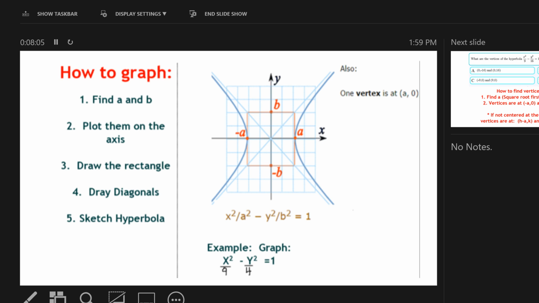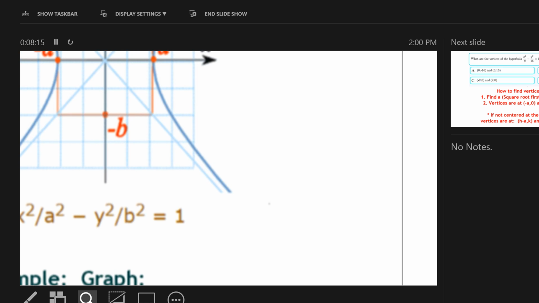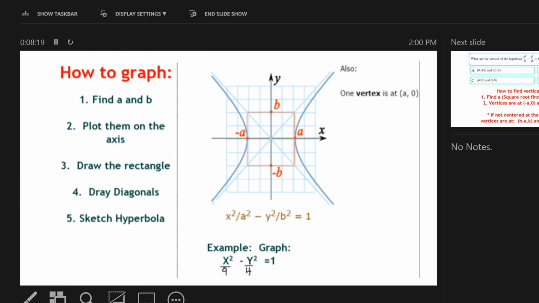We find the center, and then we go out left and right a units, because x is the positive term, to make our little box here. And we're going to go up and down b units. From those distances, we're going to draw ourselves a rectangle. Then we're going to draw diagonals through the rectangle. And guess what? The diagonals are our asymptotes.